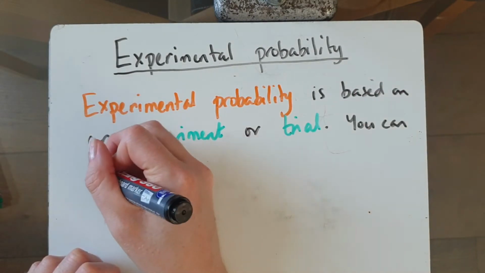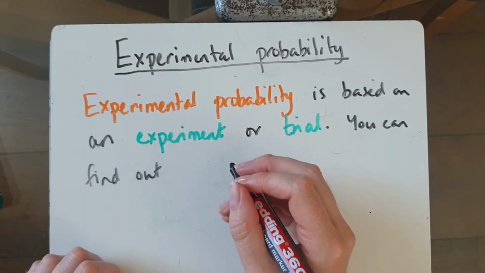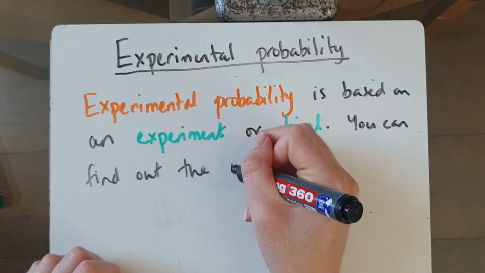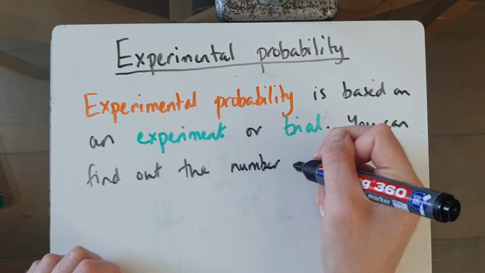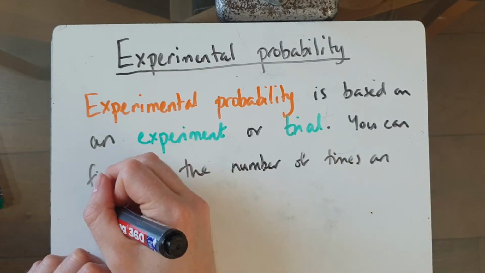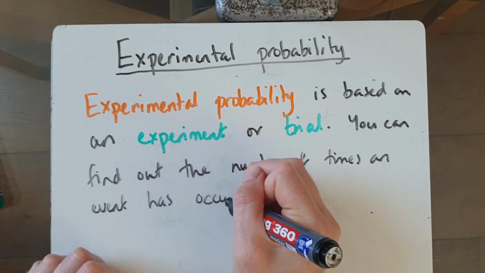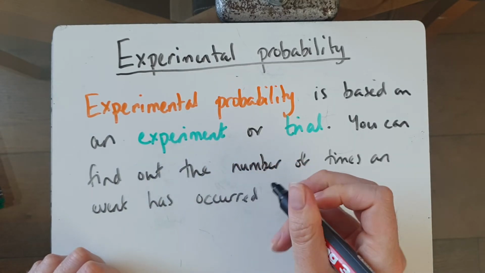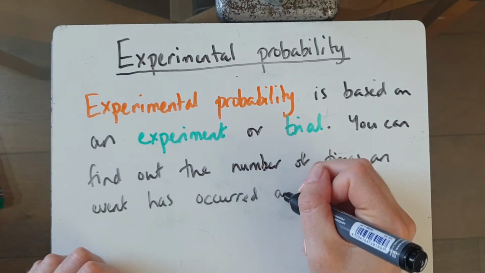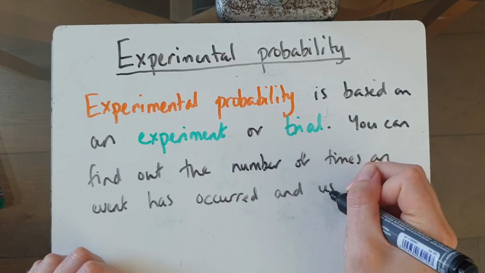You can find out the number of times an event has occurred and use this information to predict probabilities for future events.